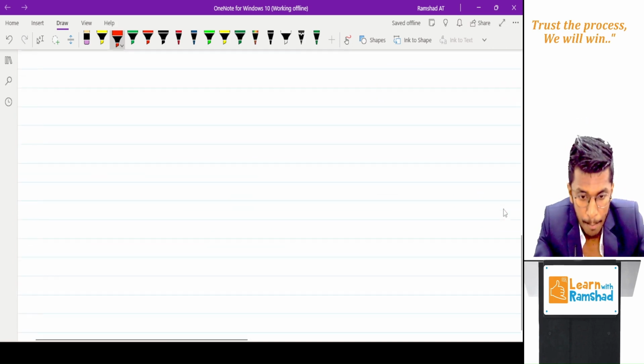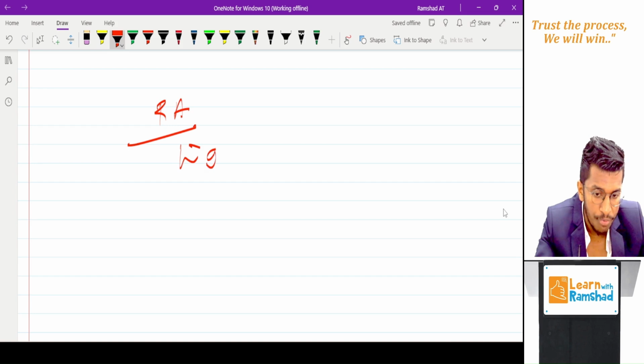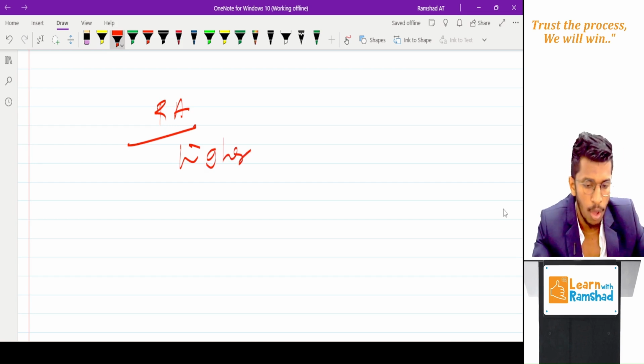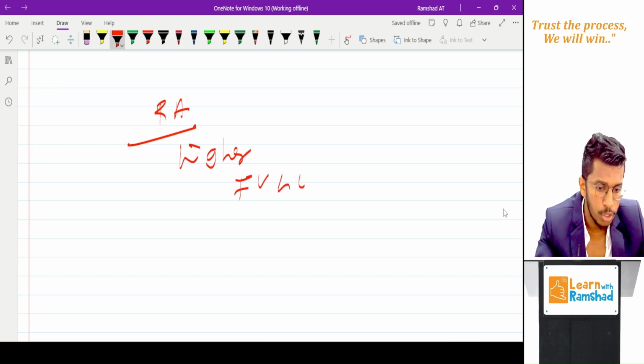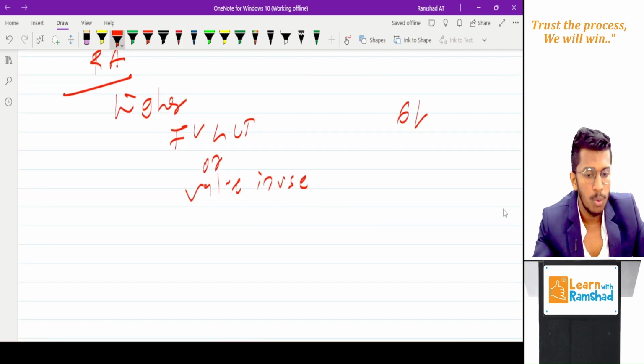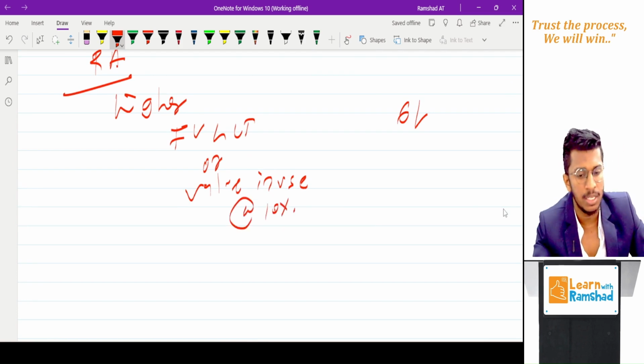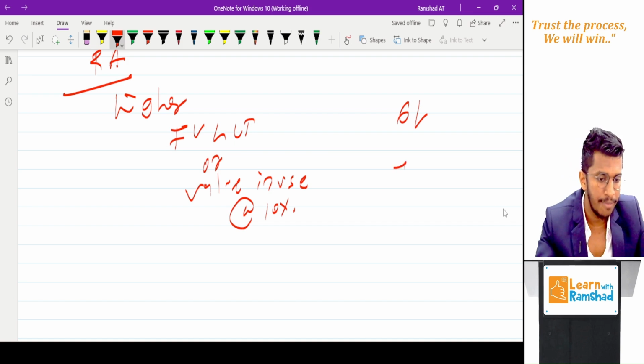Remember, recoverable amount is equal to the higher of fair value less cost to sell, or value in use. Remember, fair value less cost to sell is 6 lakh, and value in use, if the interest rate is 10%, just imagine value in use is 7 lakh.